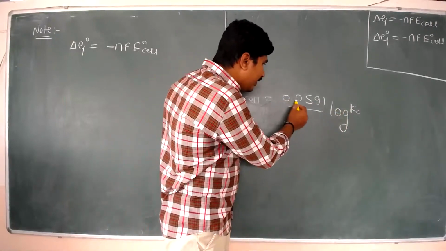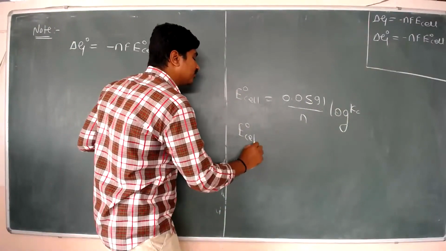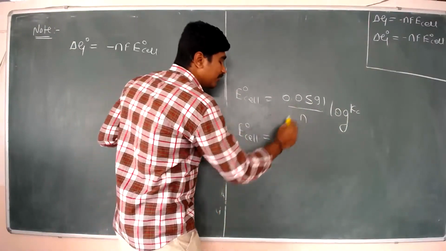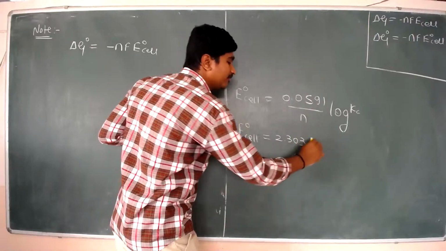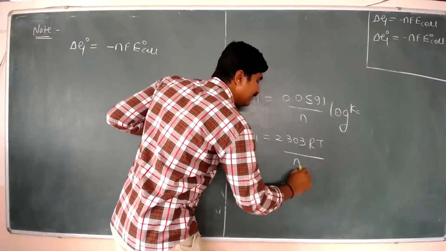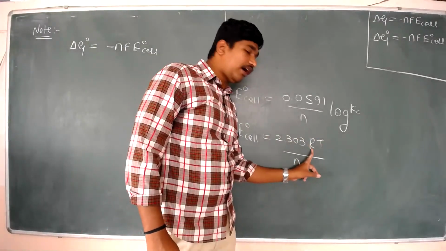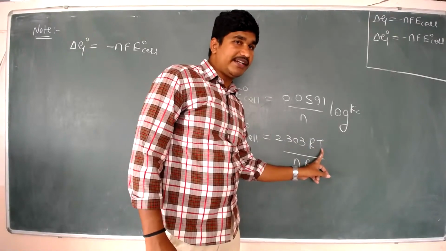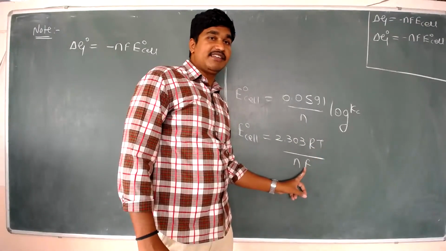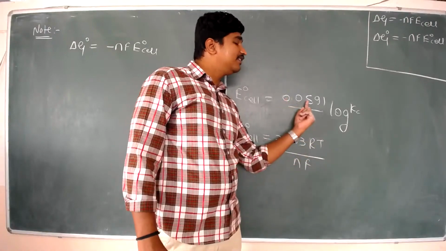We are getting 0.0591 by substituting all the constants, that is 2.303 RT by nF. If you simplify 2.303 into the R value, that is 8.314, into standard temperature, 298 Kelvin, and Faraday's constant, that is 96,500, after simplification you will get 0.0591.